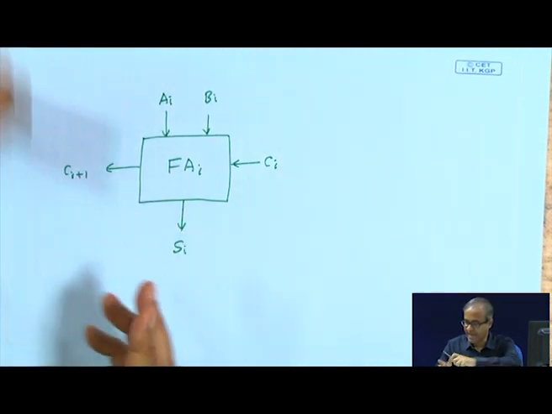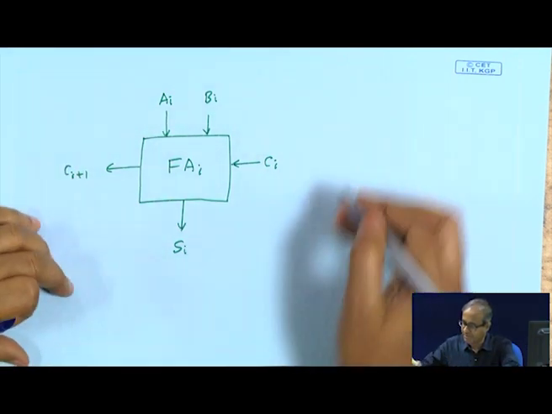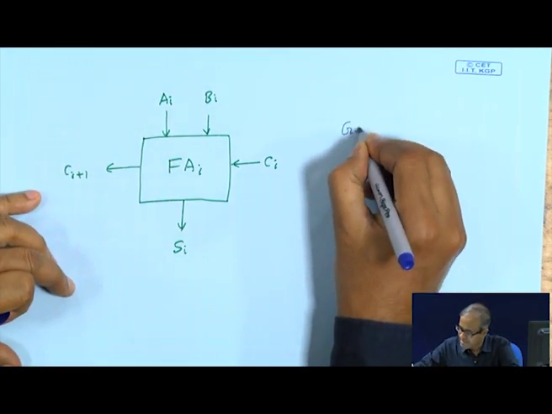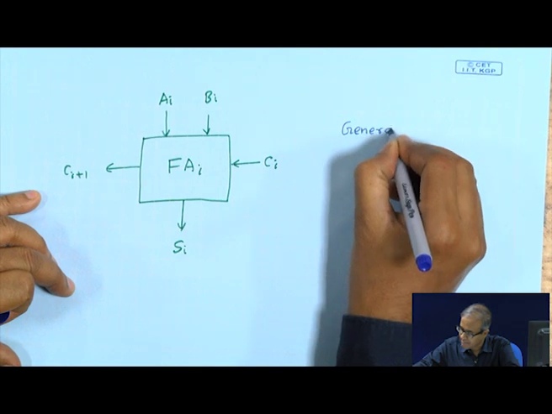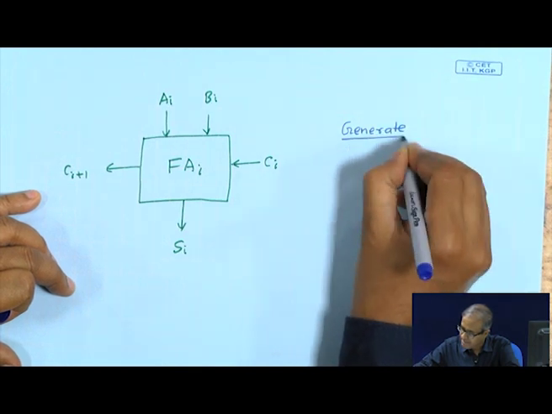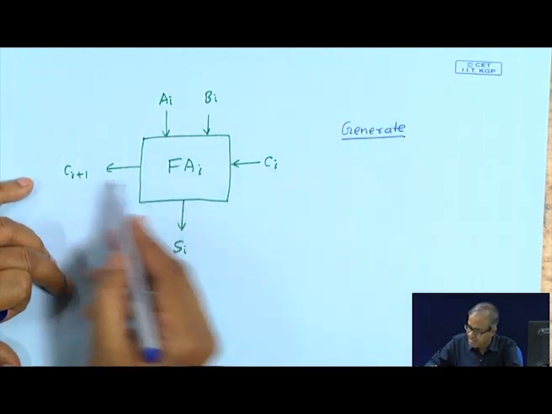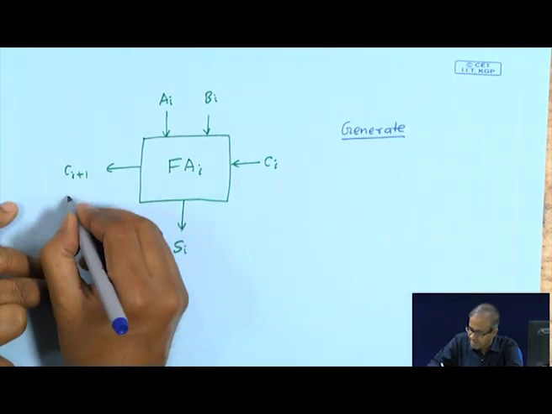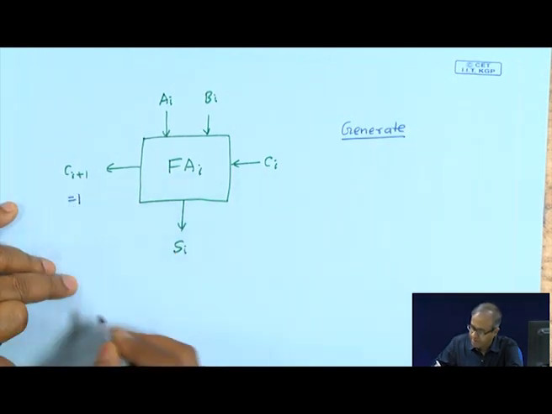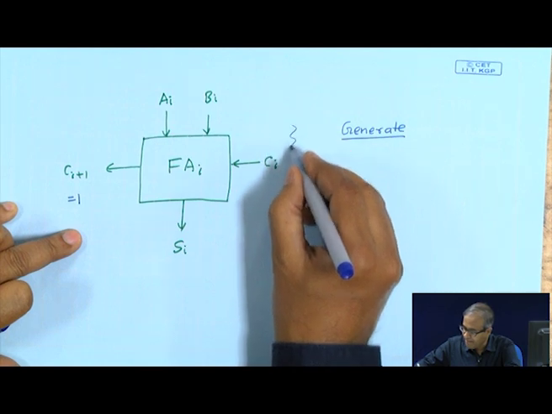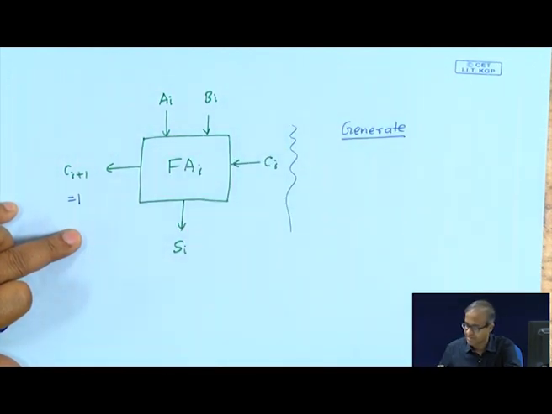When I say carry generate, what do I mean by that? It means that this full adder will be generating a carry. Generating a carry means ci plus 1 will be 1 independent of what has happened in the previous stage.